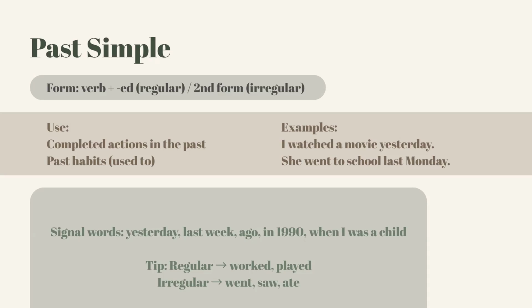For example, when you want to make the verb work in the past, you just say worked. Or play, and when you want to make it past tense, you say played. But when the verb is irregular, like go, you can't say goed.